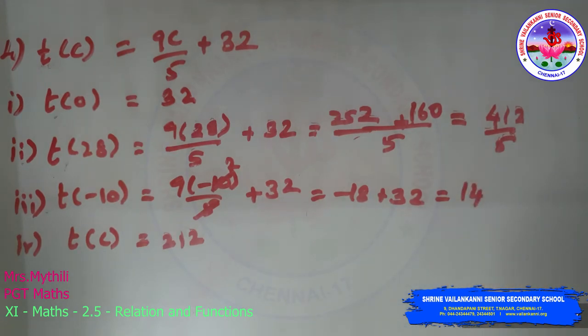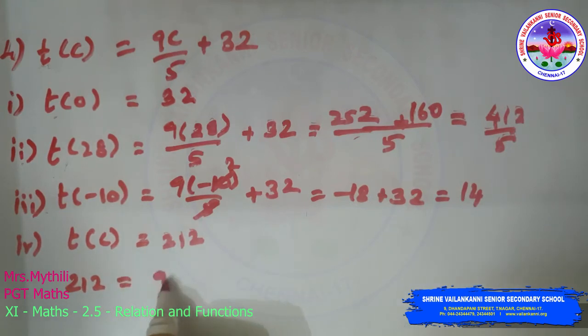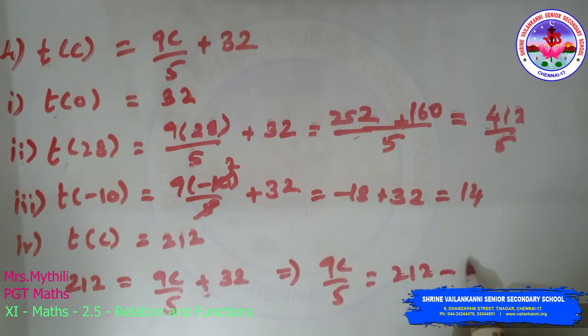Then fourth part, we have to find the value of c when t of c equal to 212. So it's given t of c, we have to find the value of c. So 212 is equal to 9c by 5 plus 32. So we can write this as 9c by 5 equal to 212 minus 32, which is equal to 180.